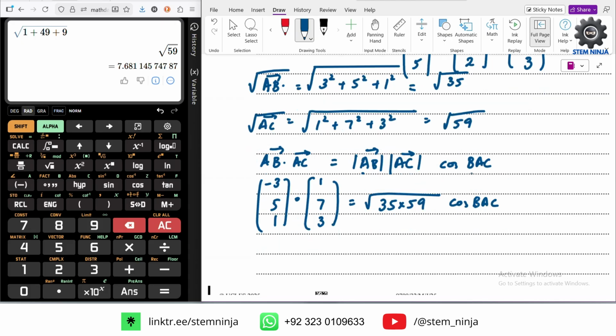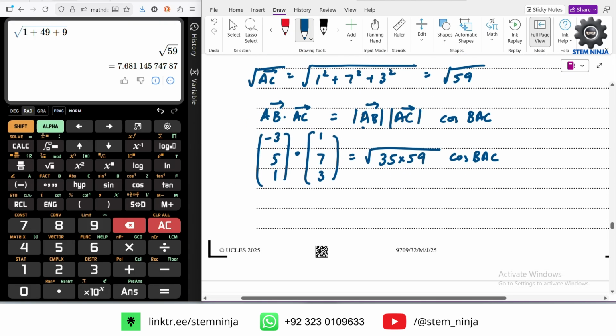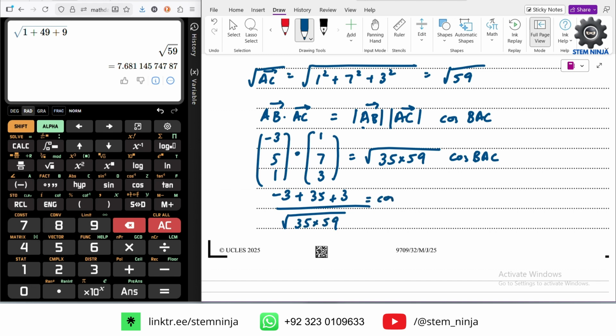Now the dot product is going to be minus 3 plus 35 plus 3, divided by this, equals cos of BAC. Therefore, BAC would be cos inverse of that.